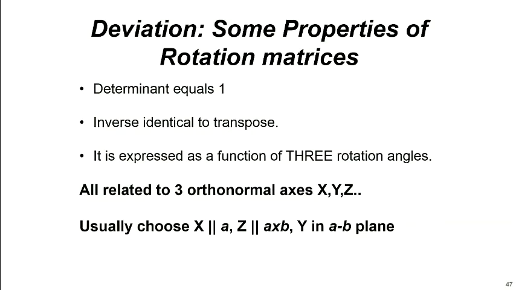Just a reminder about rotation matrices: they have to have the property that their determinant equals 1, and the inverse is identical to the transpose. Most of our software uses the orthogonalization convention that X is parallel to A, Z is parallel to A cross B, and therefore Y will lie in the AB plane. I won't prove why that's true, but that's a fact.